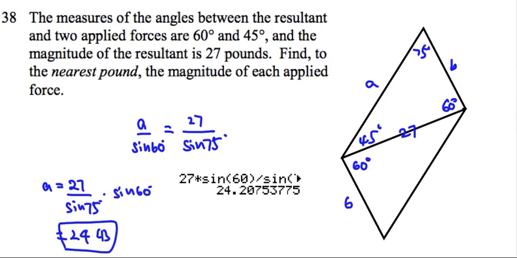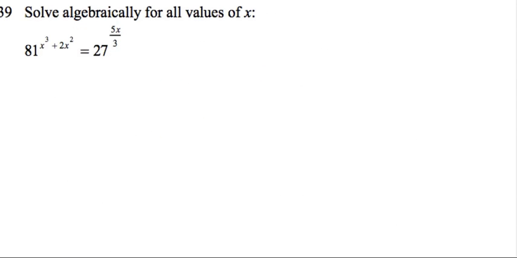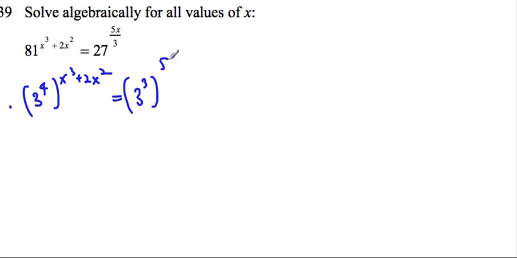So let's look into the next question. Solve algebraically. When you look at 81 and 27, we have to realize that the common base is 3. So we get 3 to the 4th power, that's what 81 is, to the x cubed plus 2x squared. And the 27 is 3 to the 3rd power, to the 5x over 3.